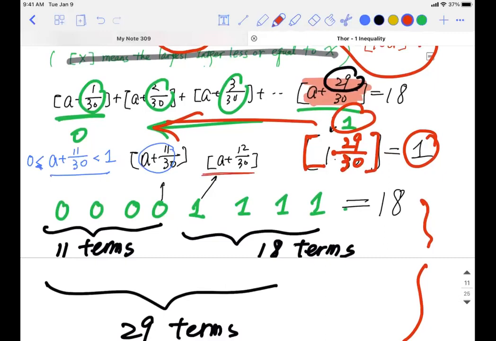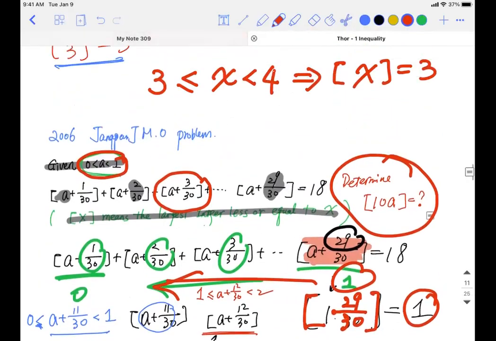However, whenever you go to here, that one gives a Gauss, goes to 1. A plus 12 over 30 will be greater or equal to 1, lesser than 2. Is that right? If the Gauss equals 1, by definition, this guy will be greater or equal to 1, lesser than 2. Still remember?